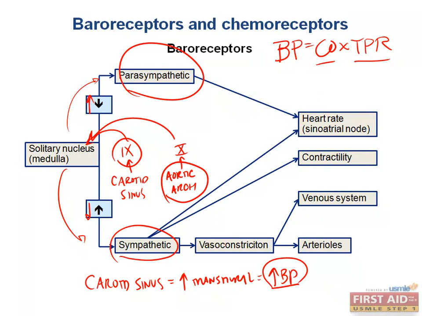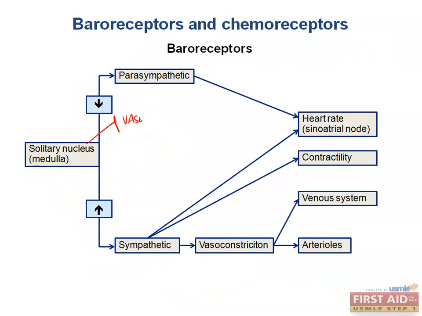So some neurons in the solitary nucleus in the medulla project to the vasomotor region of the medulla because we want to decrease pressure. We inhibit the vasomotor region of the medulla, and that means we get a decrease in vasoconstriction. On the other hand, let's say we have hypotension, where we have a decrease in blood pressure.